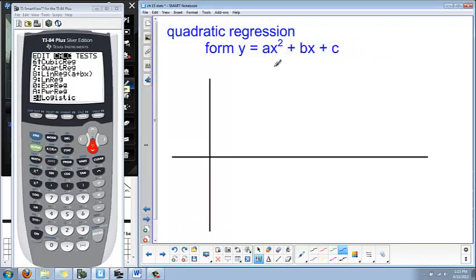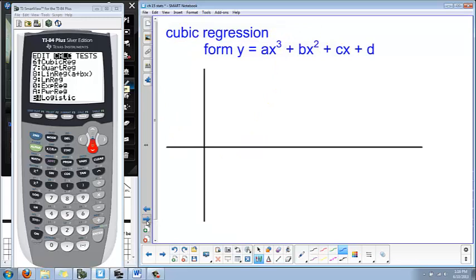Quadratic regression, this would be the form of the equation that you would get, and a quadratic equation is just a parabola that looks like this. It might be moved somewhere else, but that's what a parabola or a quadratic equation looks like, and you know that because it has an x squared right there. And then cubic regression, you could always just type in a random cubic equation into your calculator to figure out what it looks like, but this is what cubic regression looks like.